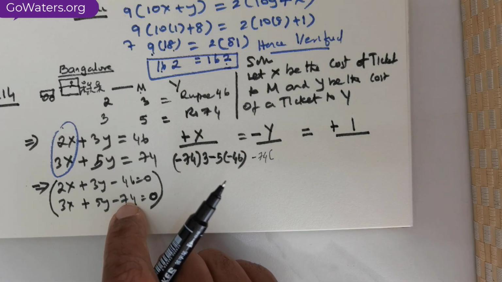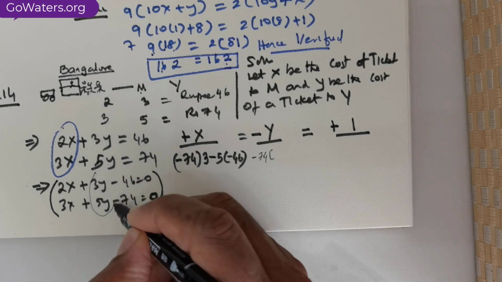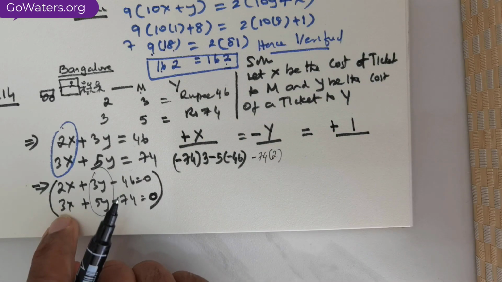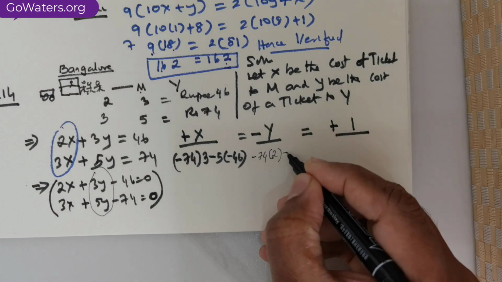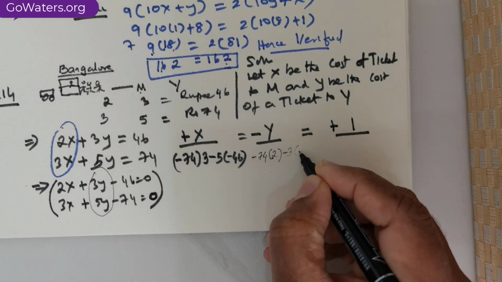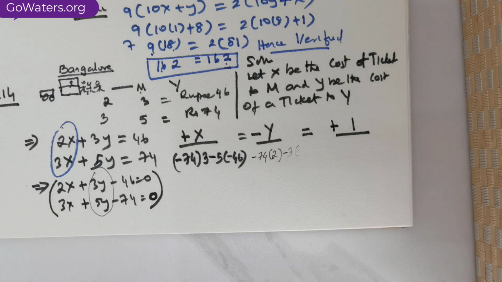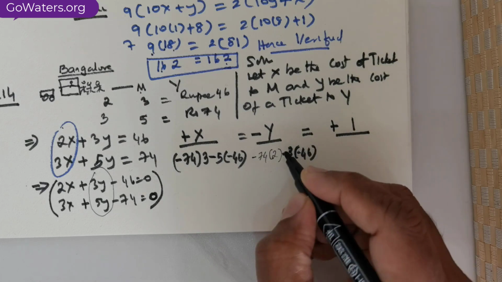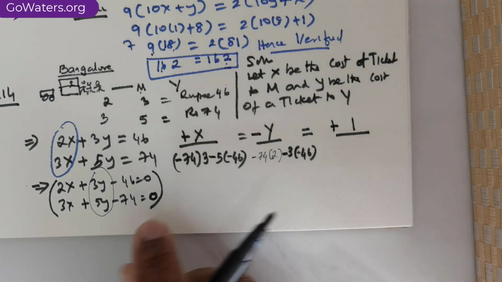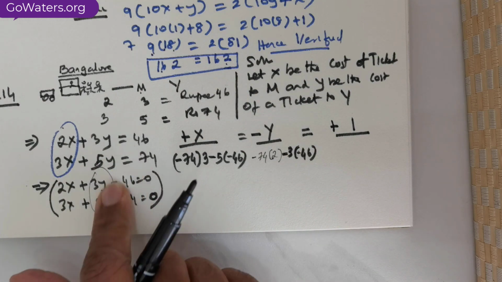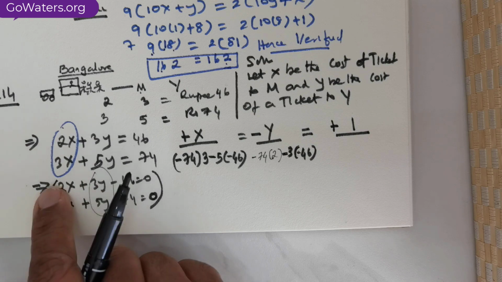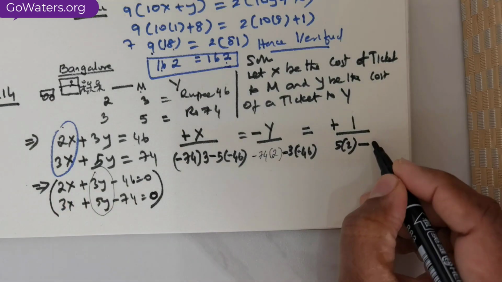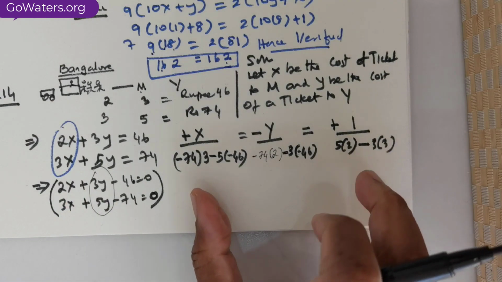You can't touch this part, as I mentioned, it goes with 2, and when you move to the left side you place a negative sign and follow it up with 3 and negative 46. Now coming to the constant, you ignore this column and only handle these elements here. So 5 times 2, you place a negative sign, and 3 times 3. This is how you do the cross multiplication.